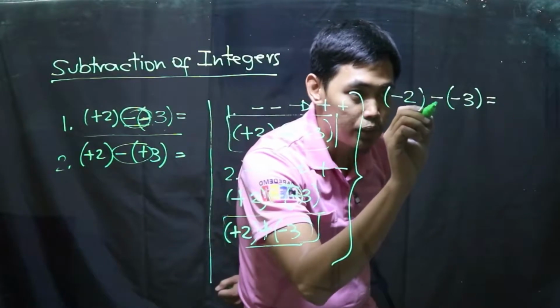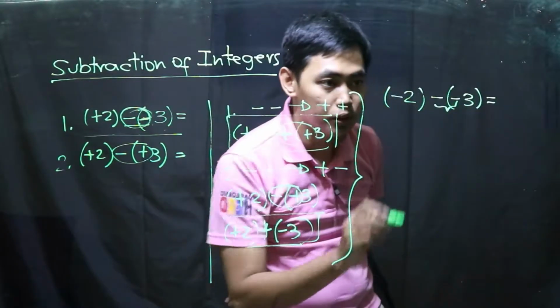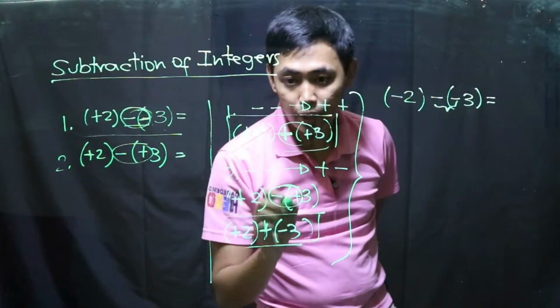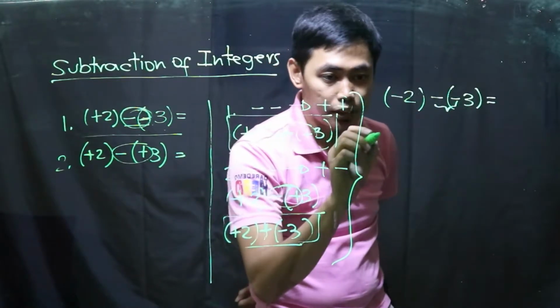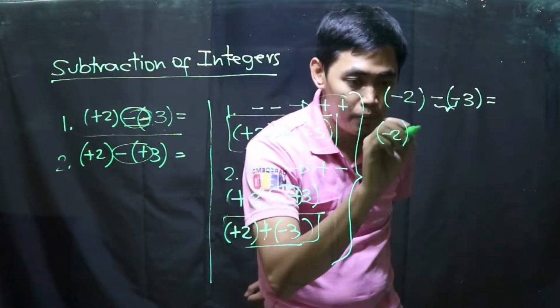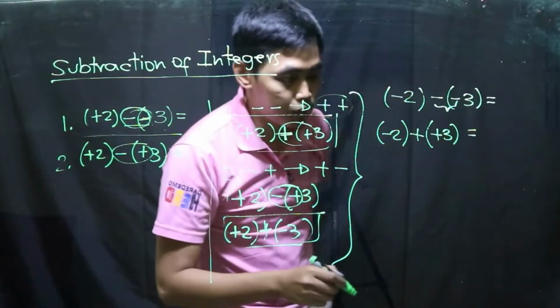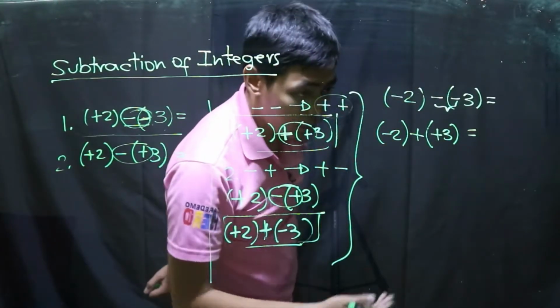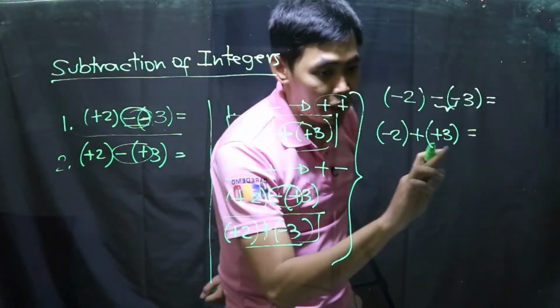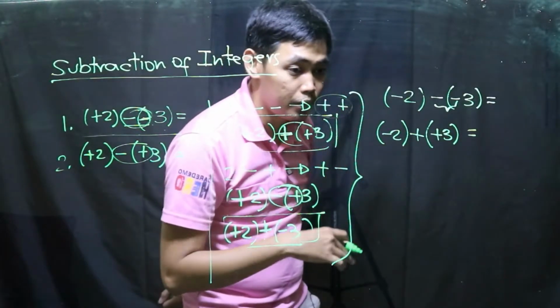So we will look for the two symbols. So this is minus minus, so we can change it to plus plus. So this will become negative 2 plus positive 3. This is equal to, and then we can proceed to addition, and this one has different signs.